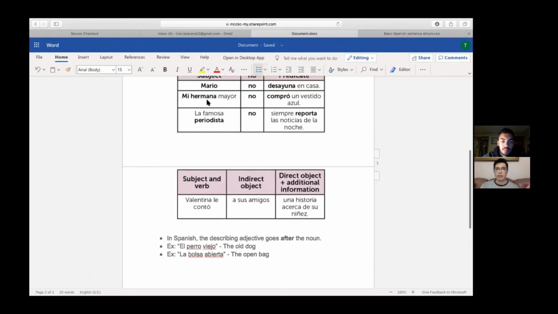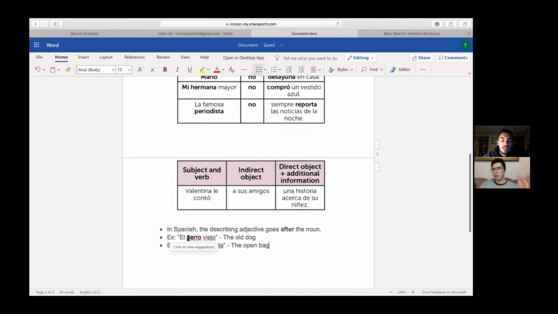In English you would say my older sister, the adjective and then the noun, older and then sister. But in Spanish we switch them. So mi hermana mayor. Hermana is the noun and then the adjective. So it's translated literally as my sister older, but in English it's my older sister.